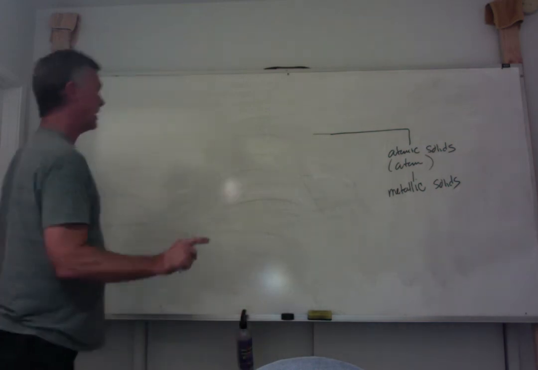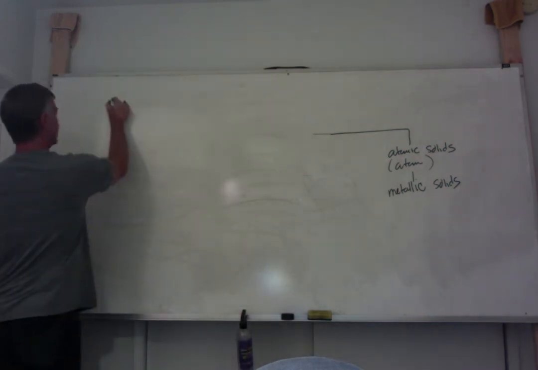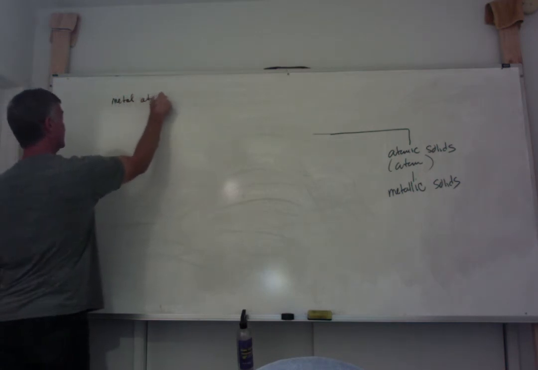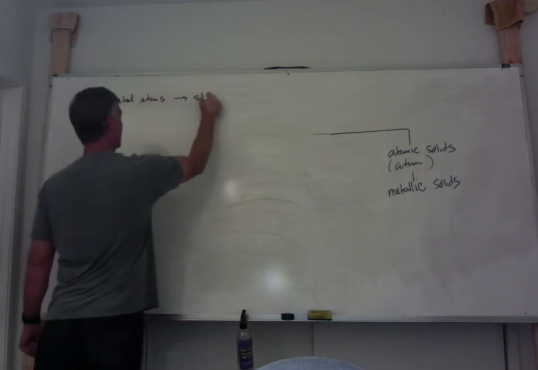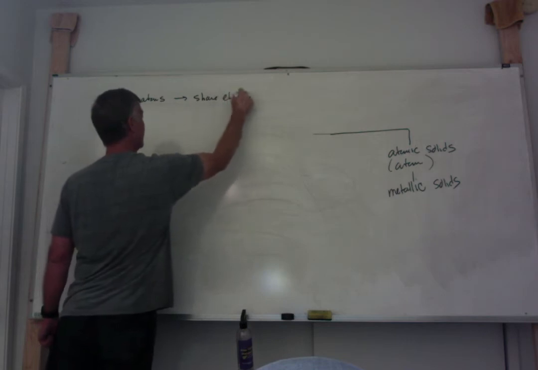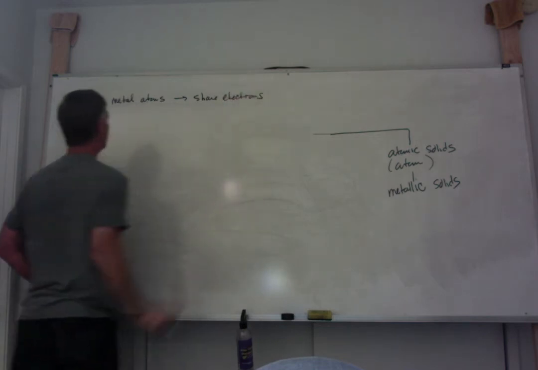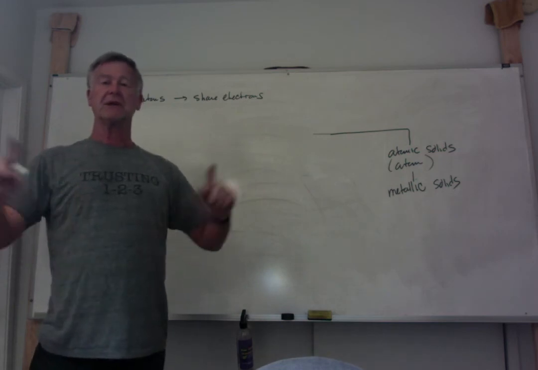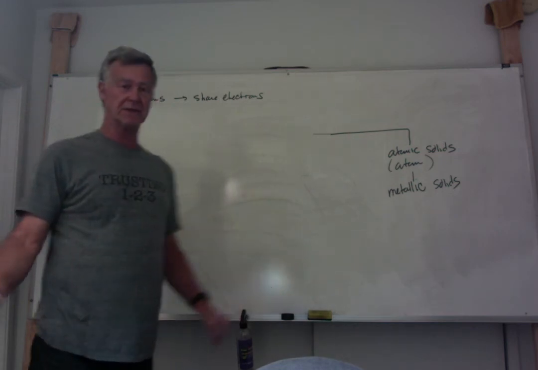What's interesting about metallic solids is that if you bring metal atoms together in the same location, they also want to share electrons. But they want to share electrons for a different reason. Non-metals want electrons. Metals want to get rid of electrons.